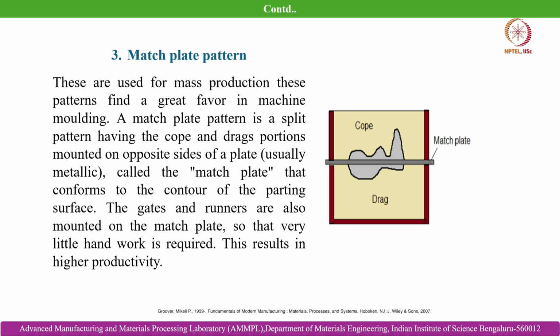So, unlike the single piece and two piece patterns, there is no need to separately create the sprue, runner and ingates by manual operation or other means within the mold cavity. In the match plate pattern we get the complete mold geometry at once, because all those are etched within the match plate itself.